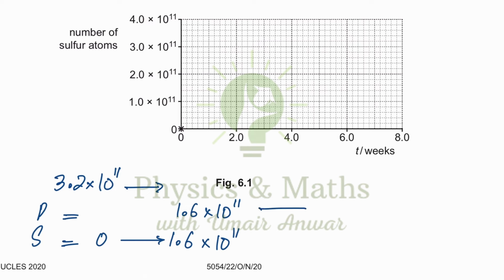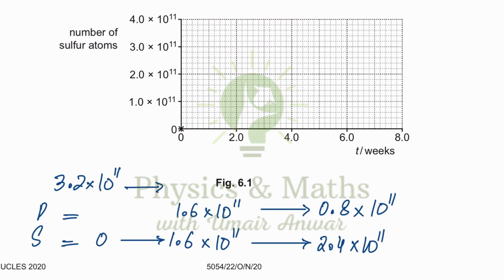Then after second half-life, this would again decrease and it would become 0.8 into 10 raised to 11, and similarly this would increase by this number. So it would become 2.4 into 10 raised to 11.